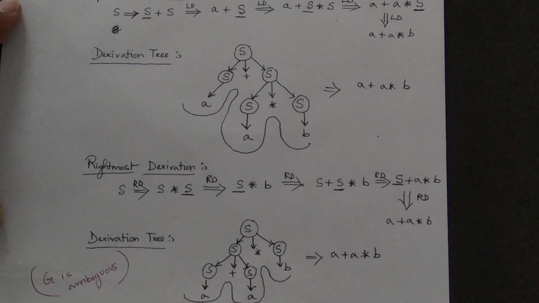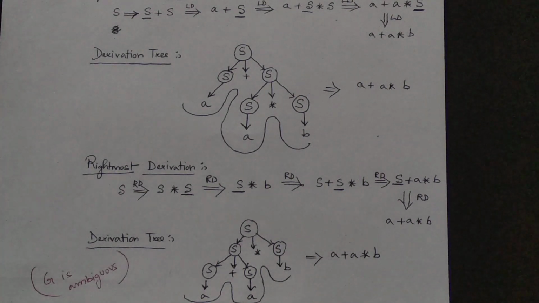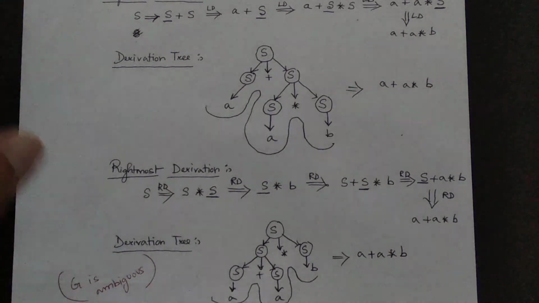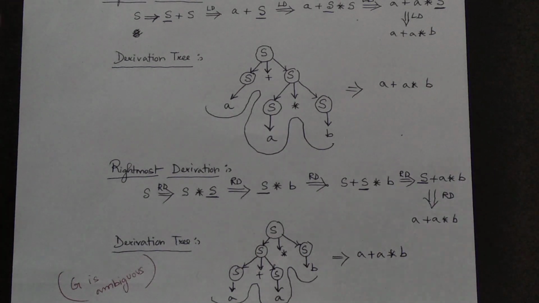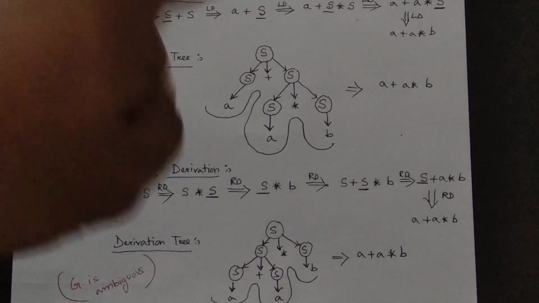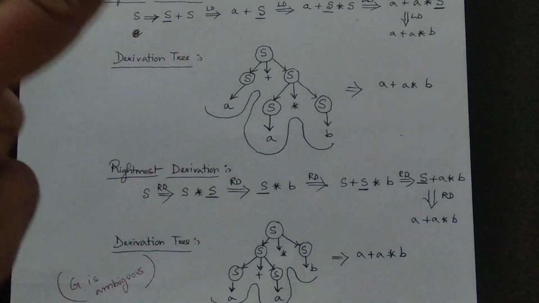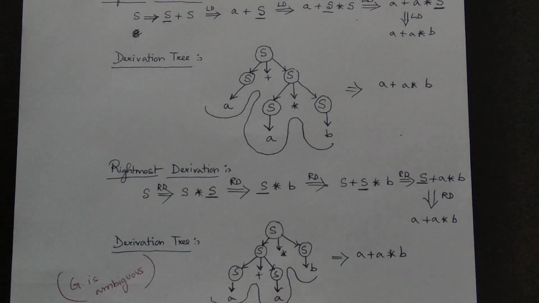If you have any doubt, please pause the video and check the steps one after another, and you will be able to understand very nicely. The only point you have to remember again and again is that for the same string, if you are getting two different structured syntax trees, then that grammar is called ambiguous grammar.